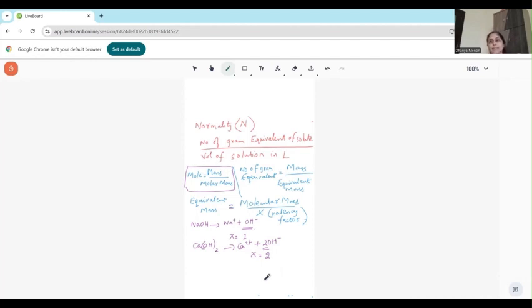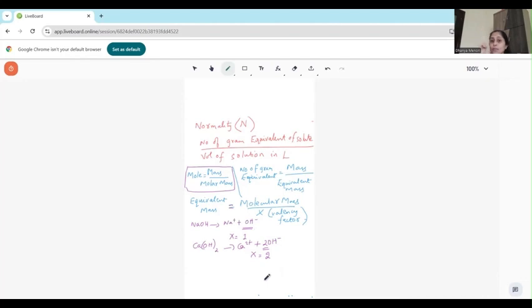So, normality is nothing but the number of gram equivalents of the solute by the volume of the solution in liters. And the number of gram equivalents: just remember the mole formula. In moles, the formula is mass over molar mass, but for the number of gram equivalents, it's mass over equivalent mass, right?